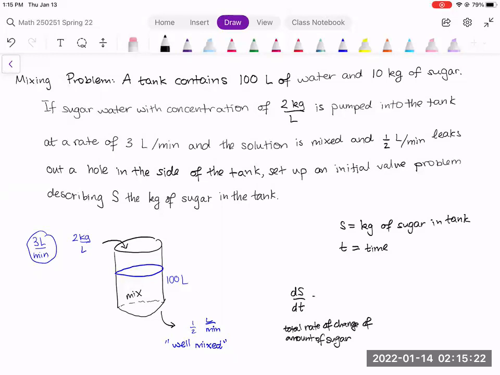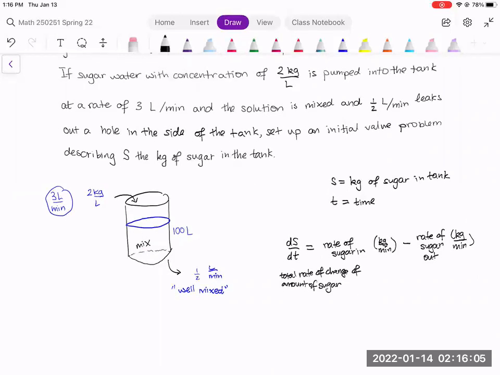This rate is going to be equal to the rate of sugar in, in kilograms per unit time, so per minute, minus the rate of sugar out. We're breaking it down this way because it's easier to sort out what is happening if we look at it little piece by piece.